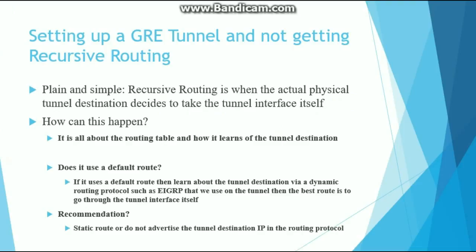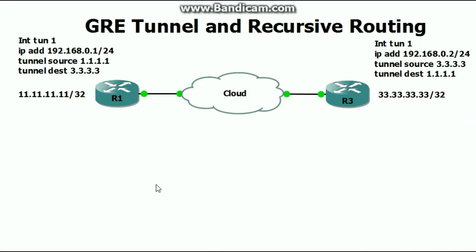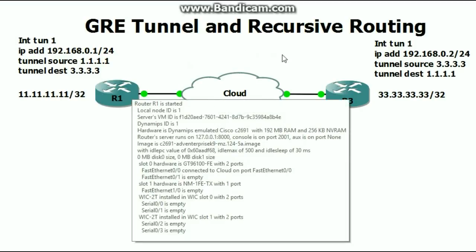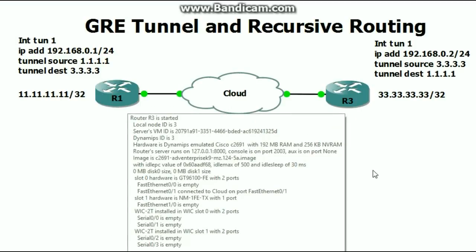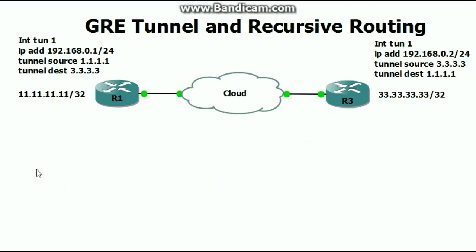That means when we have, let me bring up the topology. When we have a topology like this, here's the cloud, and then we have router 1 creating a logical connection to router 3. Now, the way that we set it up is we have to have a tunnel source and a tunnel destination.